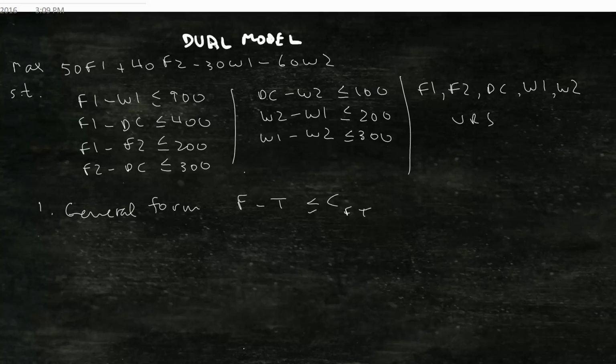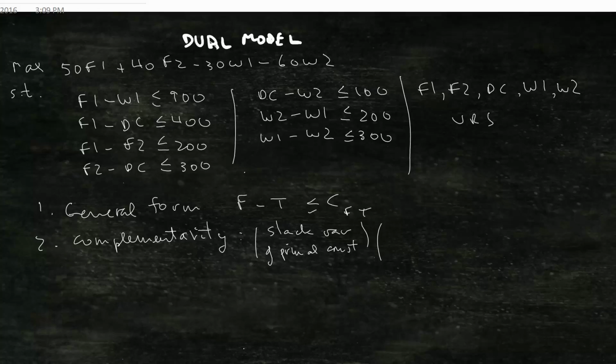So the second thing that we want to observe is, let's look at the complementarity condition again. Complementarity tells us that the slack variable of a primal constraint times the corresponding dual variable is equal to 0.